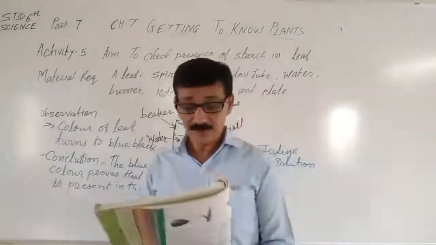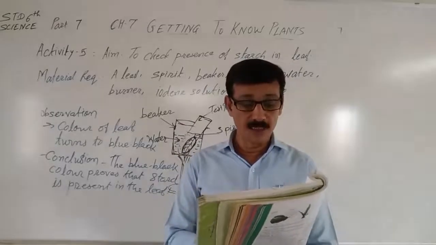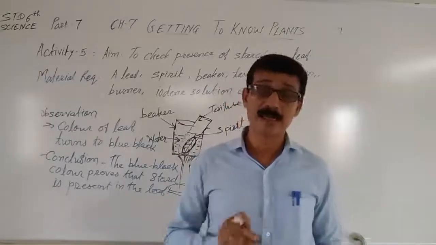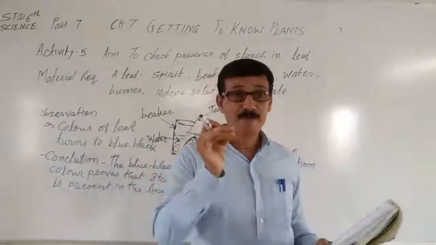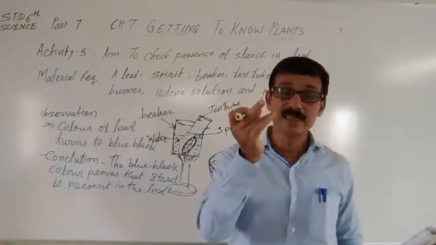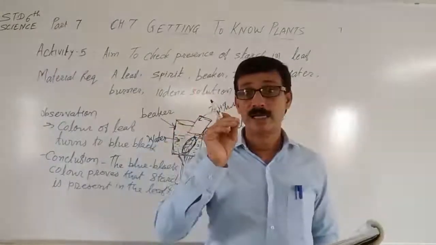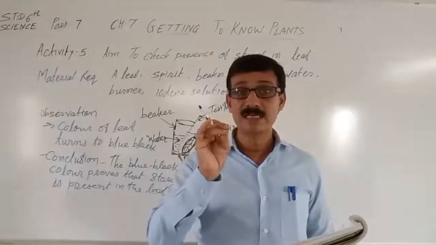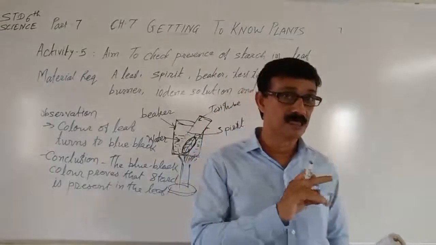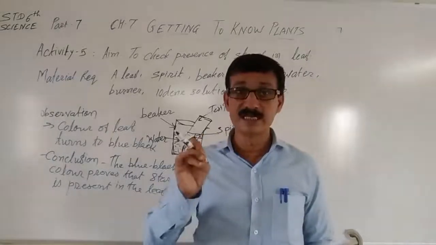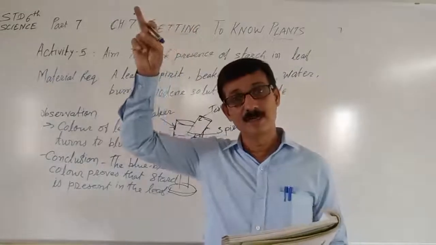The food prepared by leaves ultimately gets stored in different parts of the plant. Now, these leaves prepare food. Once again, we did the activity to check whether starch is available in the potato slice, and we have come to know that starch is prepared in the leaves.